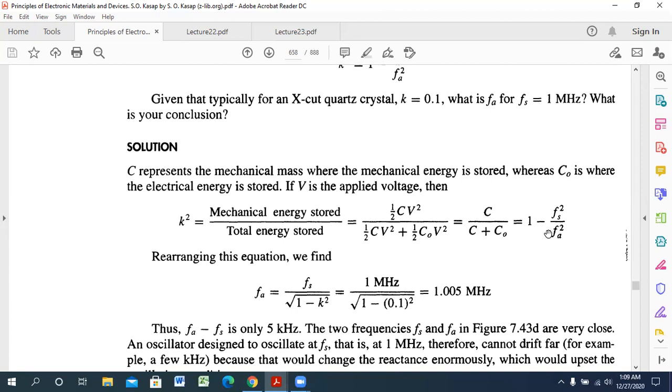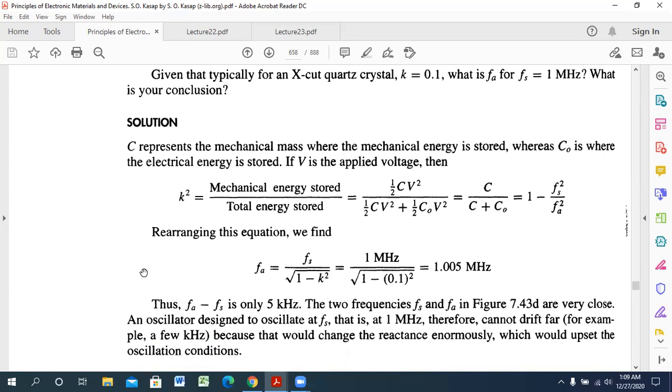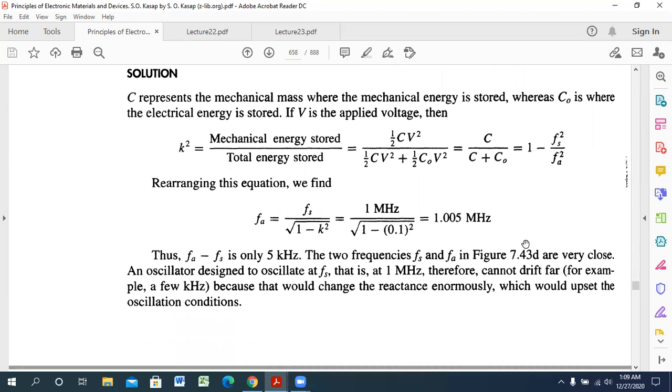I'm giving you a hint: add C naught minus C naught divided by C plus C naught, which gives you the factor 1 on the left side, and another minus term. If you work with that minus term, it will give you the right side part. After that, rearrange the equations and try to solve the mathematical problem.